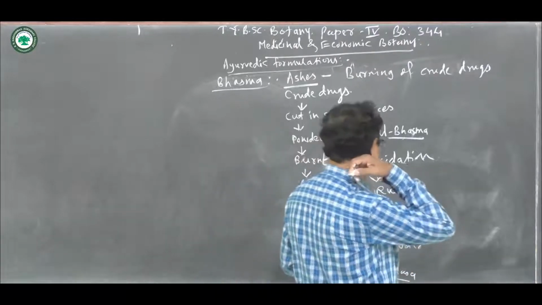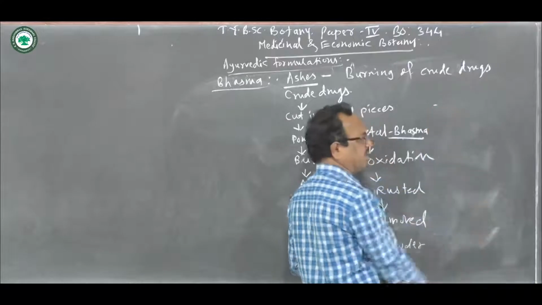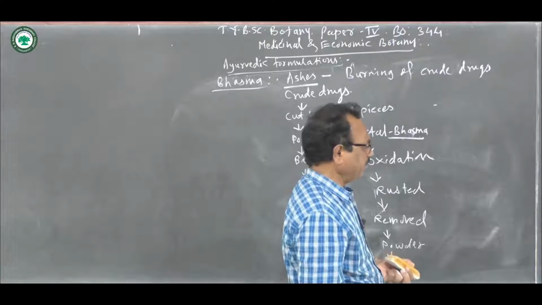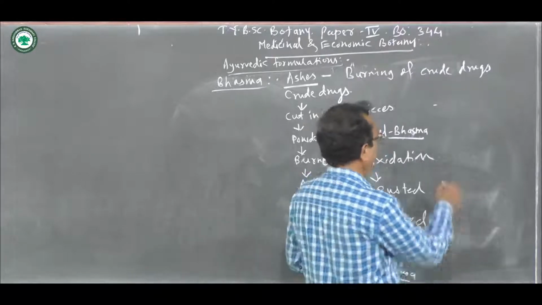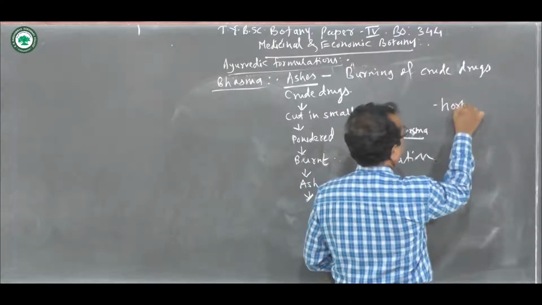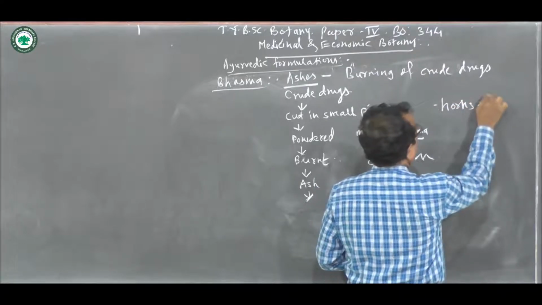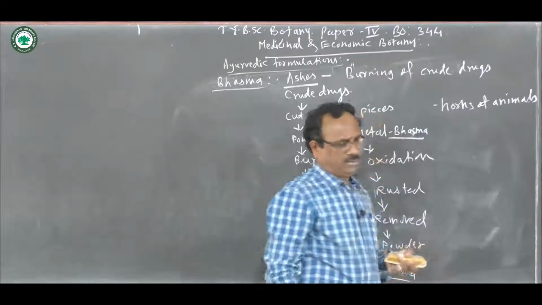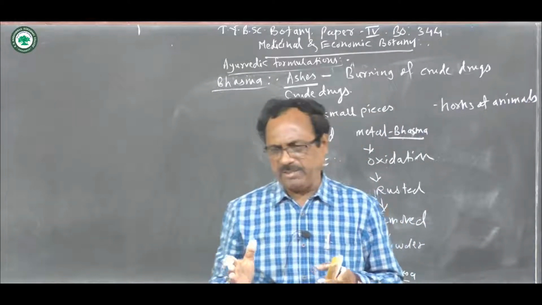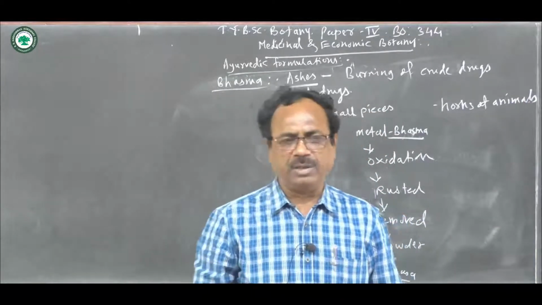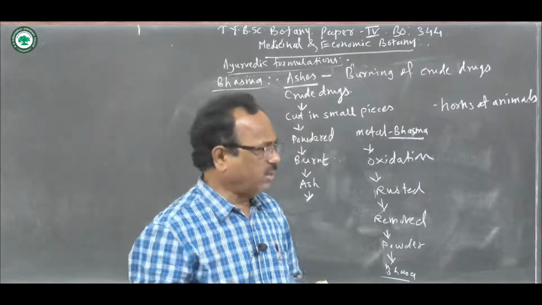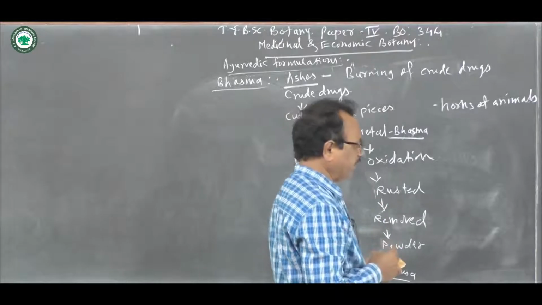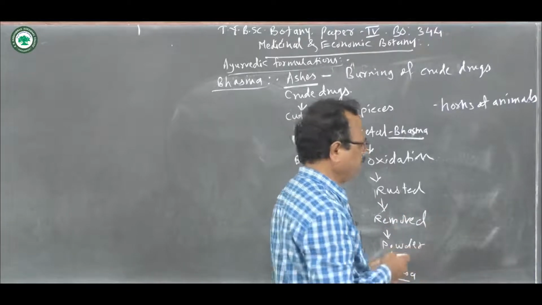Now sometimes this Basma is prepared from different types of materials. For example, from the horns of animals. The horns of some animals are majorly important, so they are taken, and from them the Basma is also prepared.